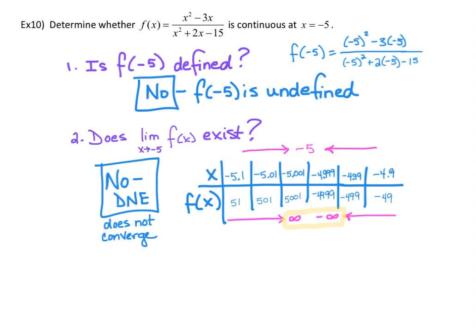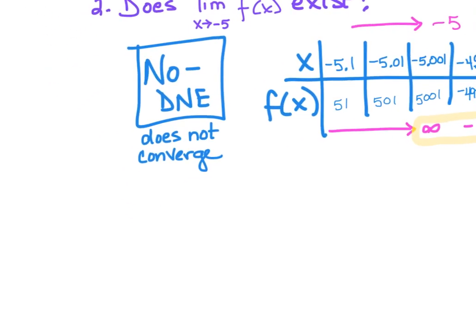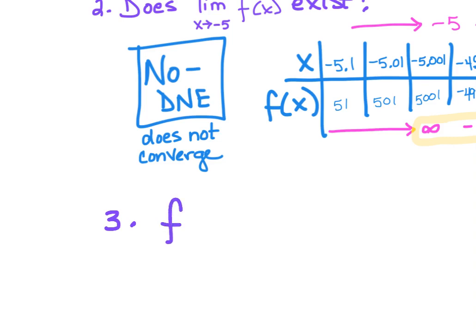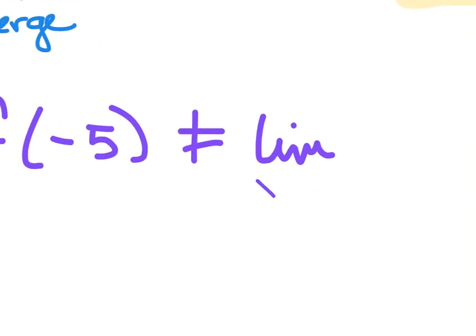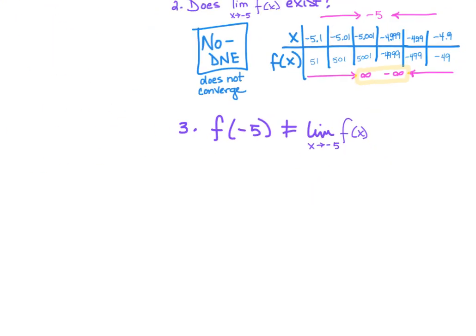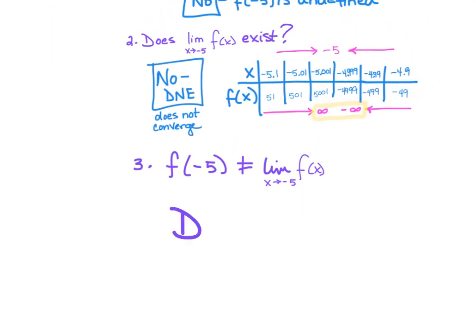Both of them alone would be enough to disprove continuity or to show that there's a discontinuity at -5. And again, remember that I want you to write out all three steps. So basically, for number 3 you want to say f of -5 does not equal the limit as x goes to -5 of f of x, and therefore discontinuous.